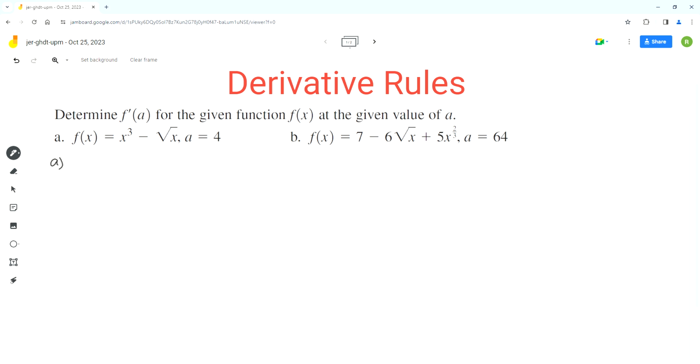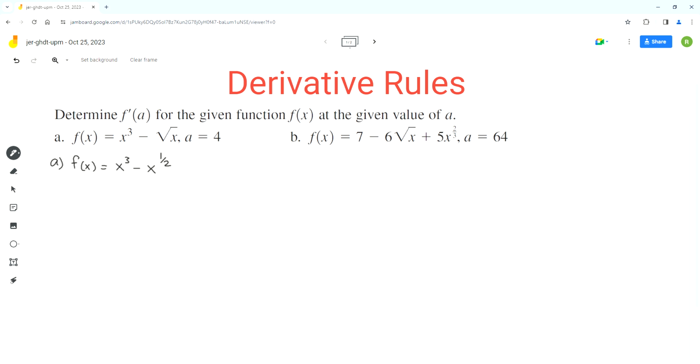The second term has a radical on it, so the first step is to convert that radical into a rational exponent. So we get f of x equals x cubed minus x to the power half.